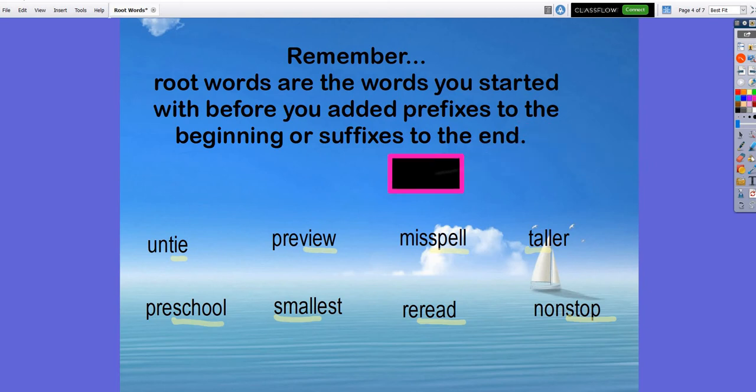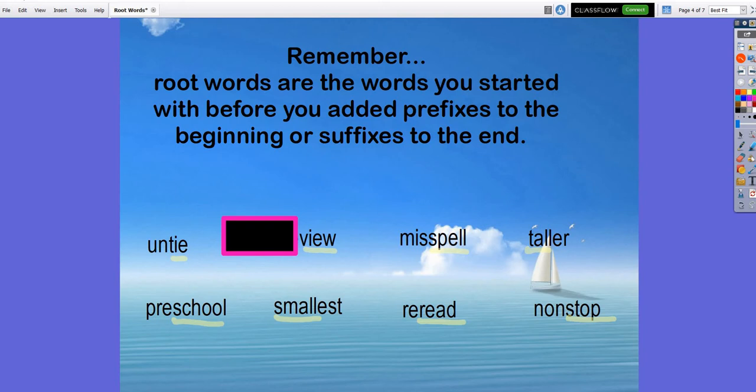Because, for example, like on untie, if I take off the prefix at the beginning, we still have the word tie, which was our root word, the normal word, and we added un to it to make untie. Same thing for preview. If I take the pre away, I still have the word view, because that was our root word.